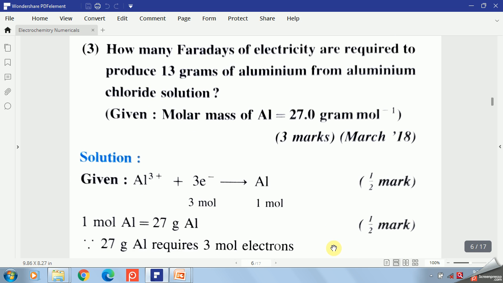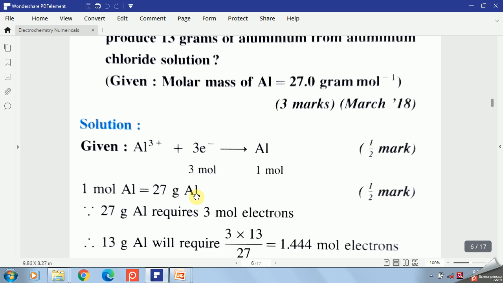So 27 gram of aluminium corresponds to 3 moles of electrons. So 1 mole of electron is nothing but 1 Faraday. Okay, but your mass is given as 13 gram. So 13 gram of aluminium requires how many moles? So simple cross multiplication, 13 into 3 divided by 27.